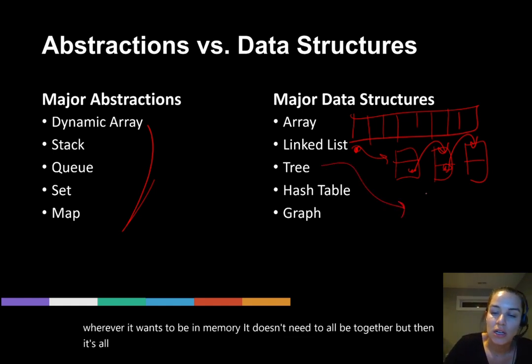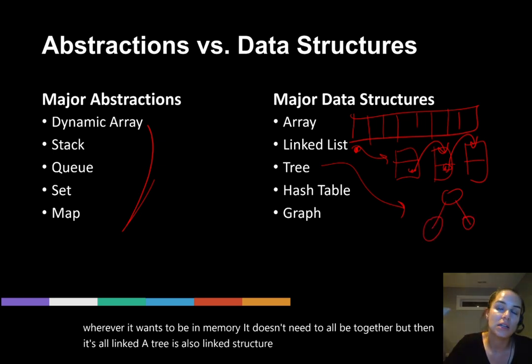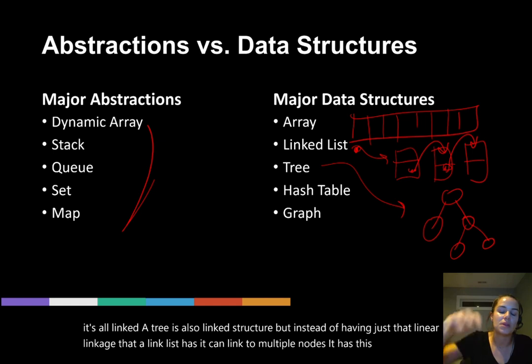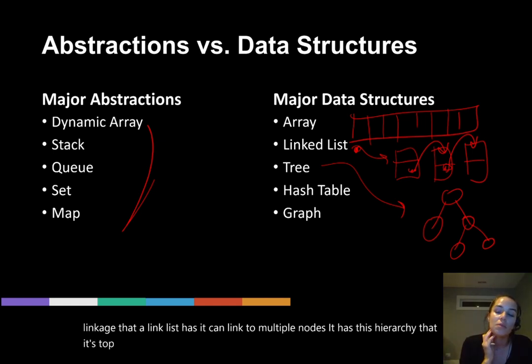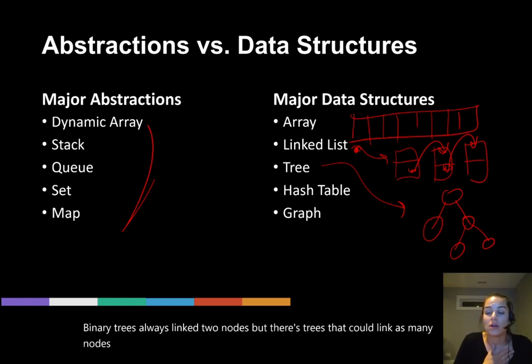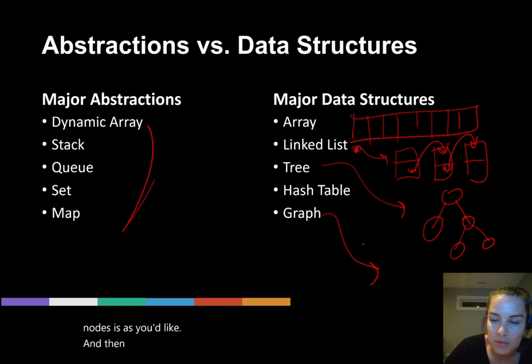A tree is also a linked structure, but instead of having just that linear linkage that a linked list has, it can link to multiple nodes. It has this hierarchy that is top down. Binary trees always link to 2 nodes, but there are trees that could link to as many nodes as you'd like. And then a graph, so a tree is a subset of a graph, is also a linked structure.